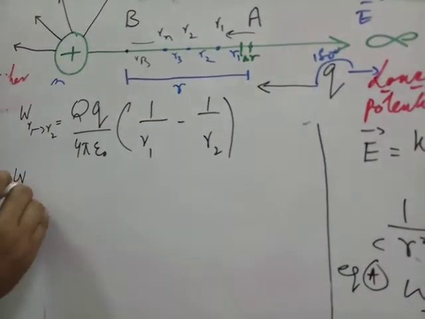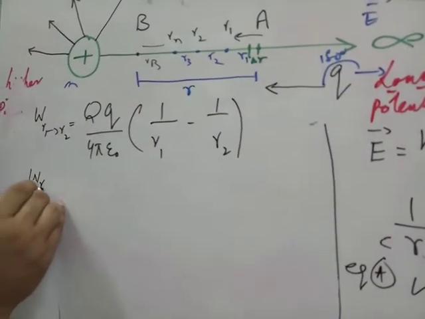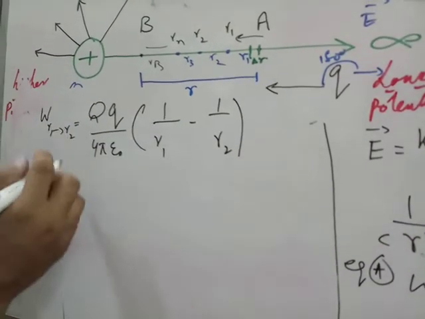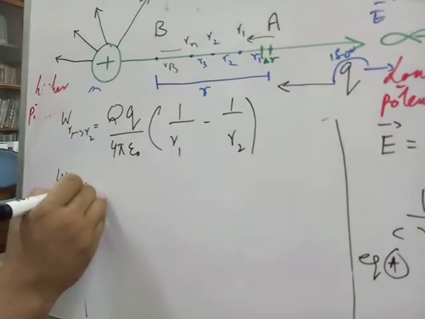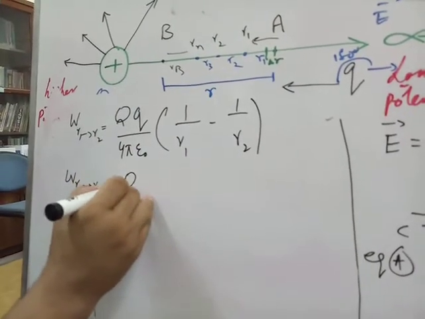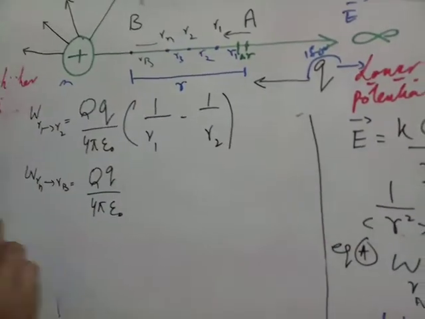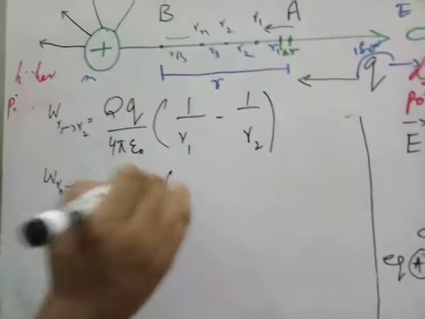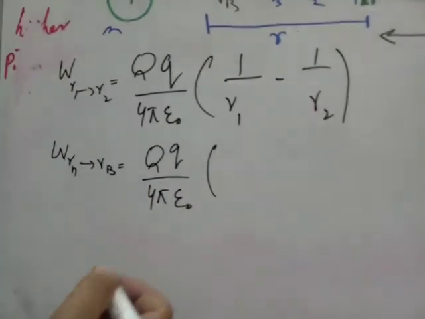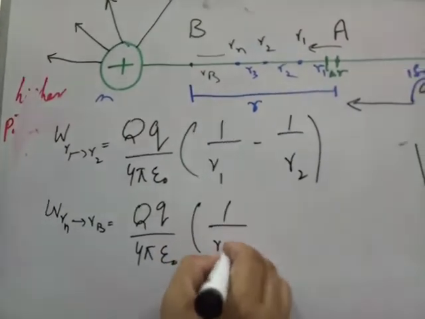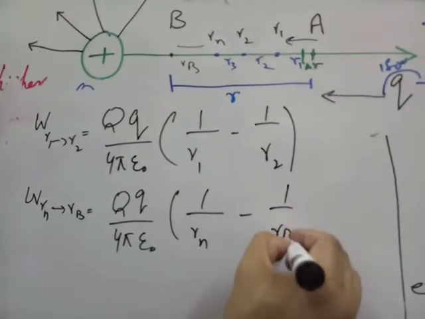So the last work will be Rn. N is any nth point or any infinitesimal small patch. So this is Rb. So we write Qq over 4 pi epsilon naught. You can write this in your books also. So this will be 1 over Rn minus 1 over Rb.